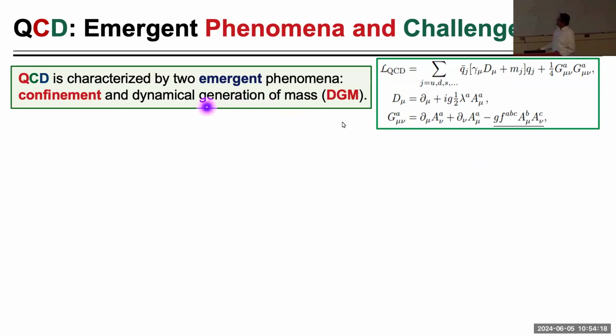What we know is that QCD in the infrared is characterized by two emergent phenomena. We have heard about these: confinement and also the generation of mass. When you look at the Lagrangian of QCD, it appears to be as harmless as that of quantum electrodynamics. The only thing is that instead of having U(1) local gauge invariance, it has SU(3) local gauge invariance.